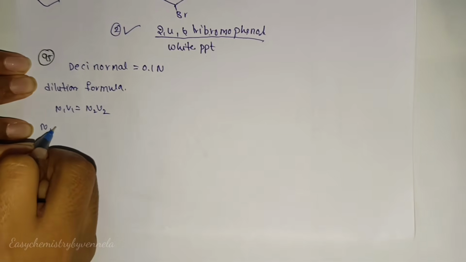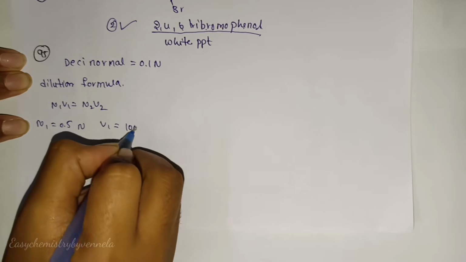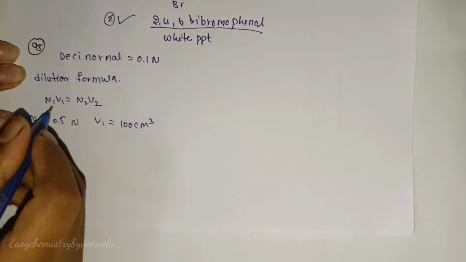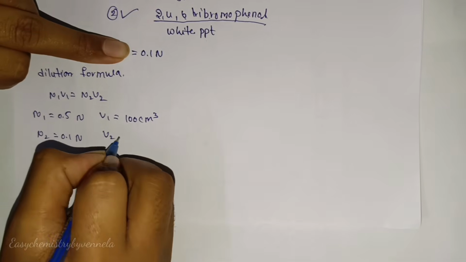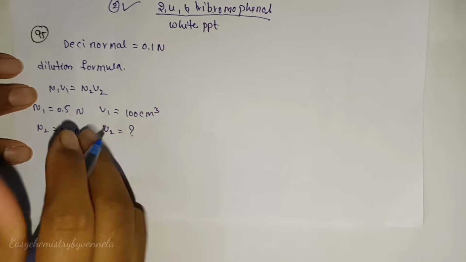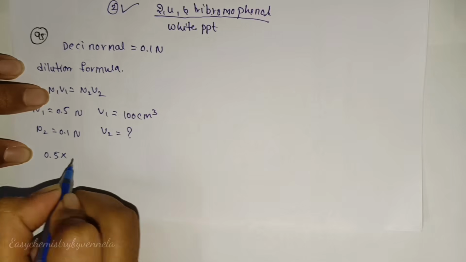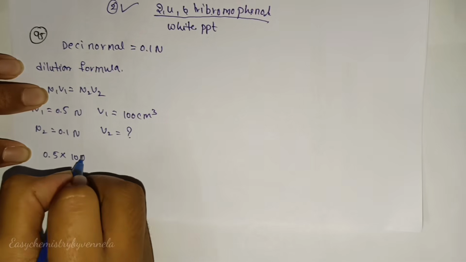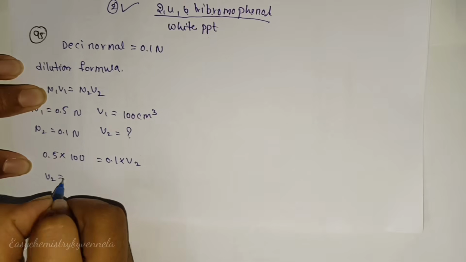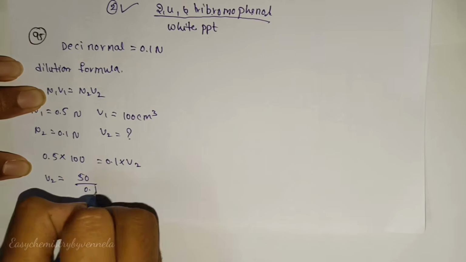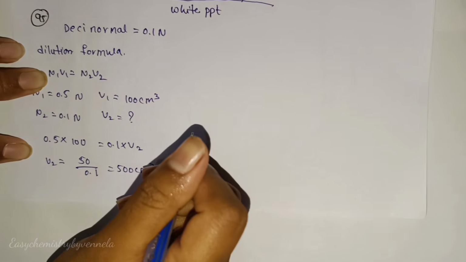Here, already given, N1 is equal to 0.5, V1 is equal to 100 centimeter cube, N2 is equal to 0.1. So you have to find out V2. Substitute in this formula: 0.5 into 100 is equal to 0.1 into V2. V2 is equal to 50 by 0.1, that is 500 centimeter cube.